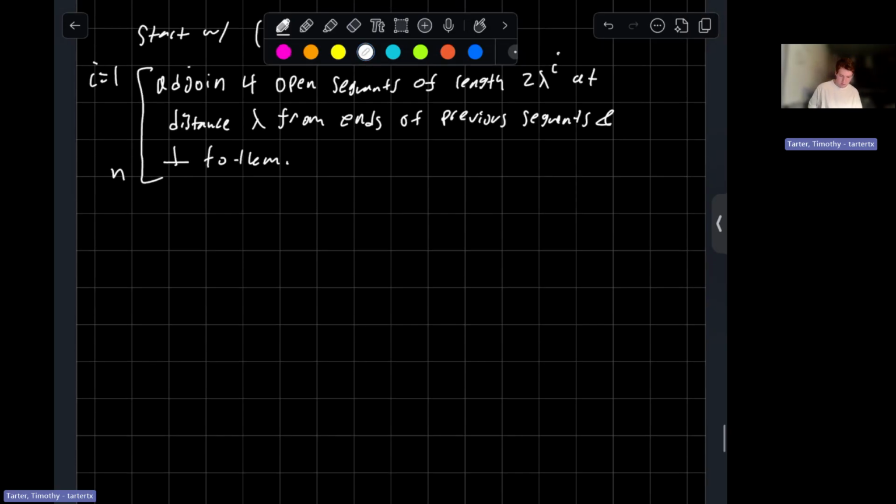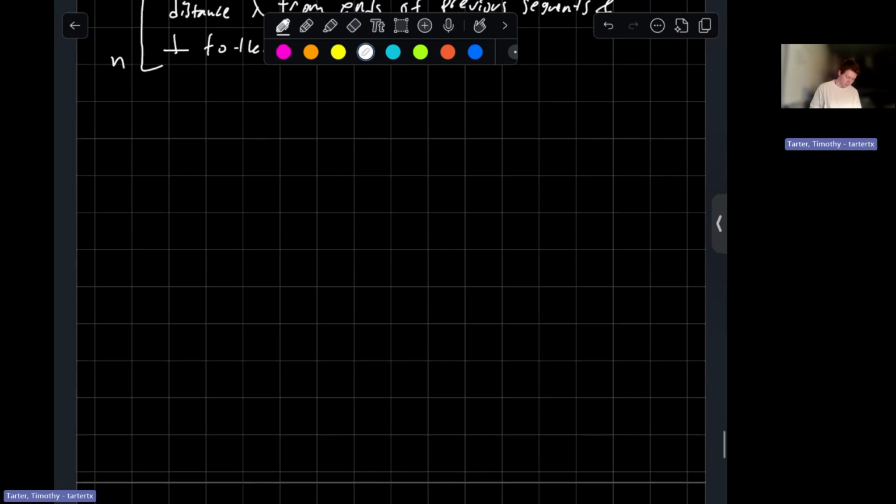And what this ends up looking like, and I'm only going to draw like 3 stages of it. But if this is our thing, maybe we start with lambda of whatever length this is, but not 2, right?